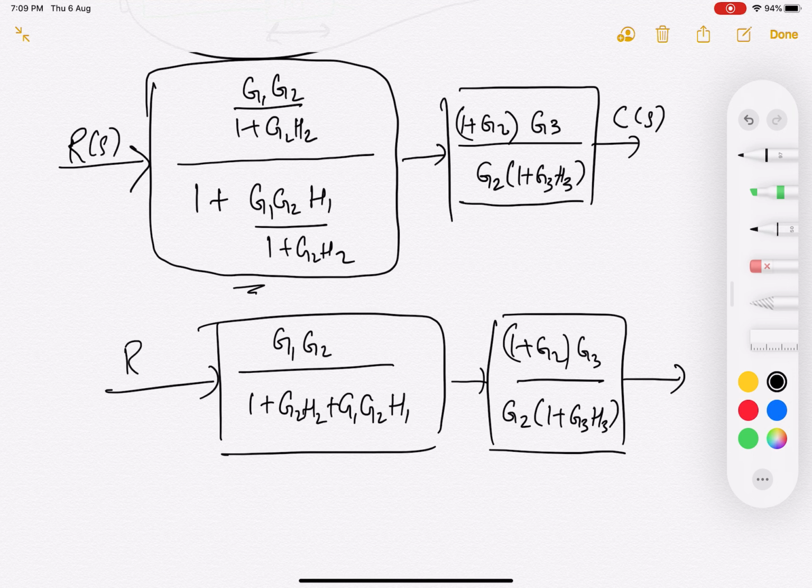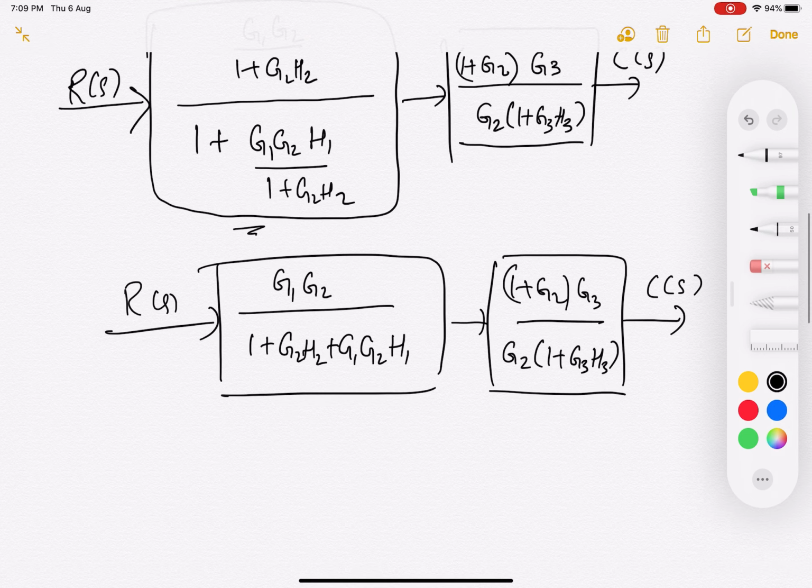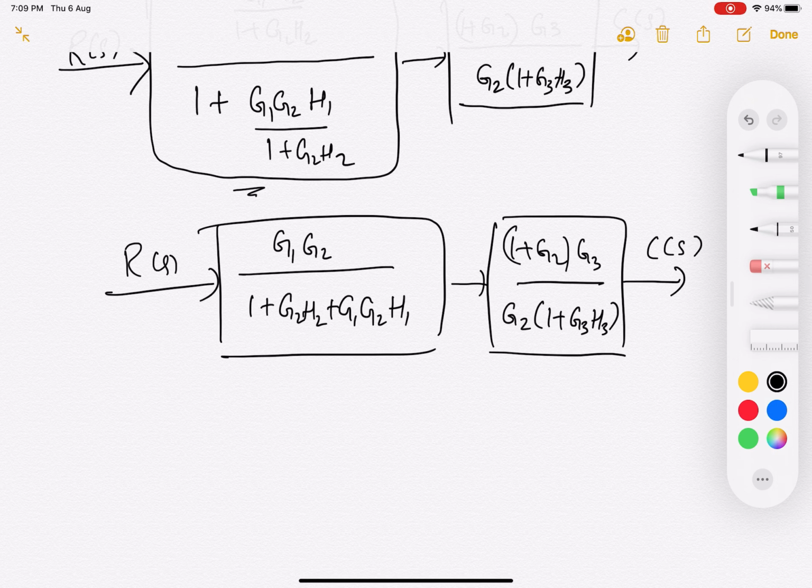So this is your R(s), the input, and this is your C(s), the output. Let us see, with these two in cascade you can multiply, and G2 will cancel out. Do you have anything else that cancels out? No, I don't think anything else can be cancelled out.